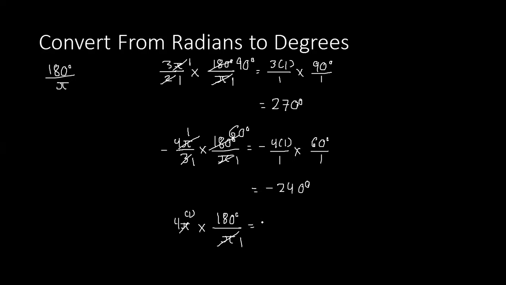So here, we're just going to have 4 times 1 times 180 degrees all over 1. Multiplying them, we will have the answer of 720 degrees. That's basically how you convert a given radian to degrees.